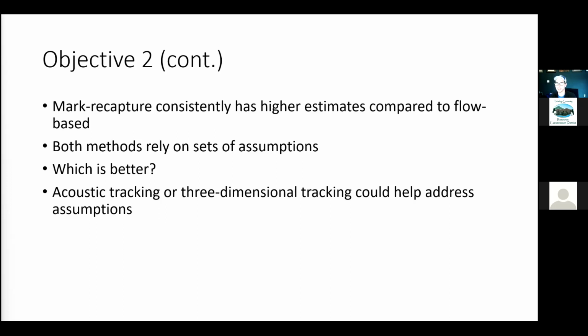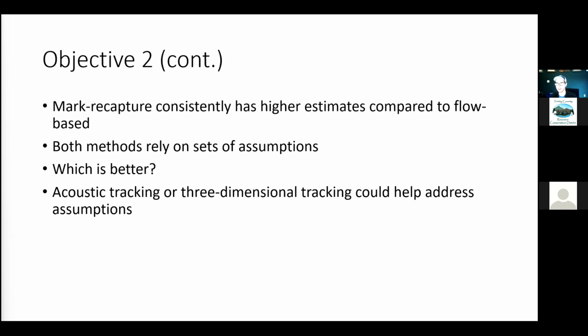We can actually do a few things to counteract that, some of which we have done, but that's probably the biggest. Especially later in the season, our mortality rates go up just because the temperatures are so high. So that's definitely a valid assumption. And then the flow-based assumes that trap efficiency is relative to the stream flow, and that the juveniles are evenly distributed throughout the stream channel.